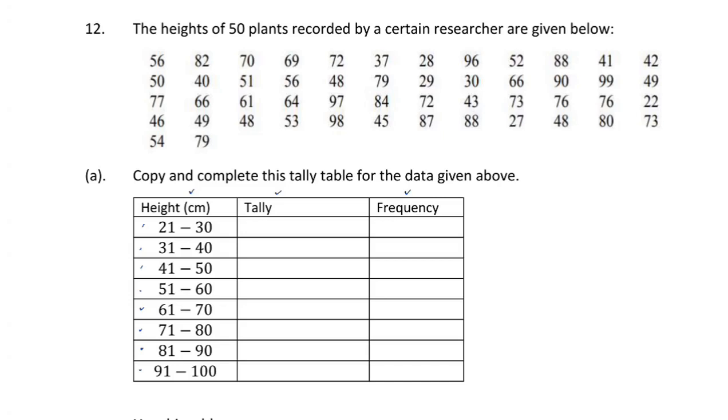For the first group, having data from 21 to 30, if we go to our data given and count the number of data belonging to this group, let us just count. We have 1, 2, 3, 4, 5. So our tally is going to be 5.